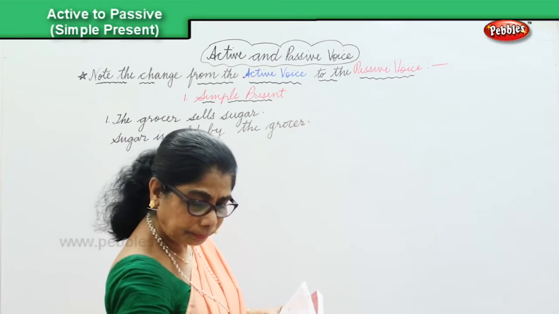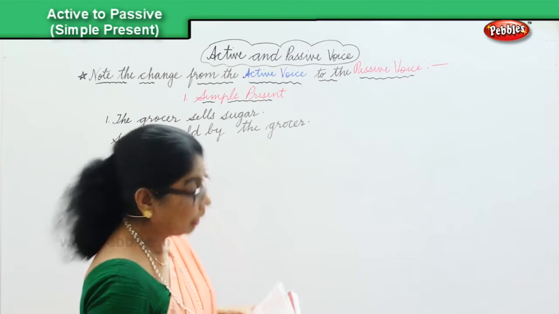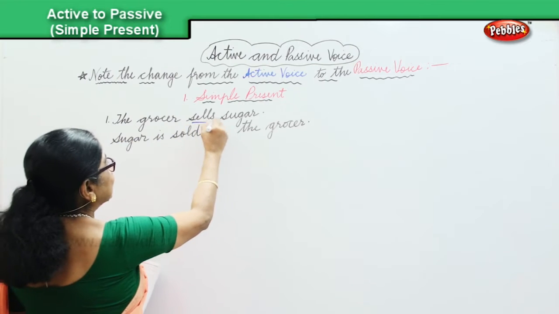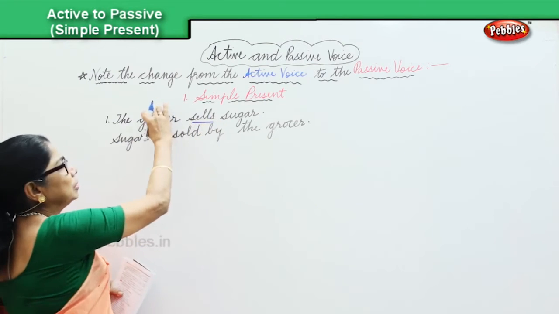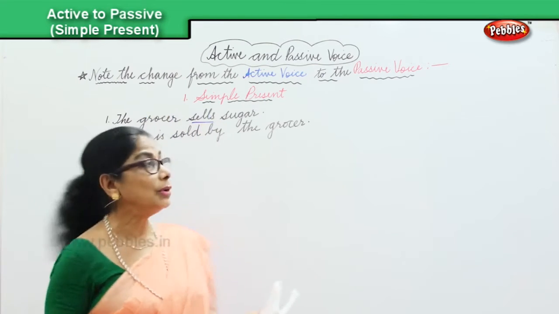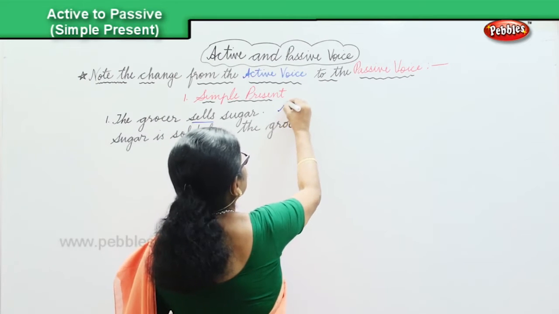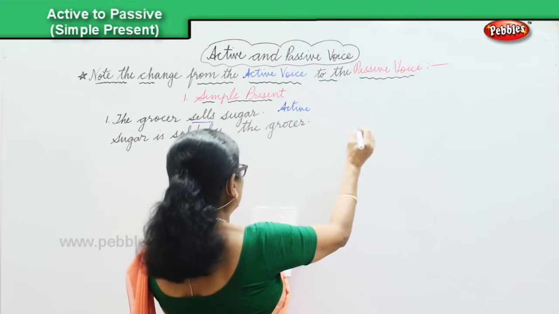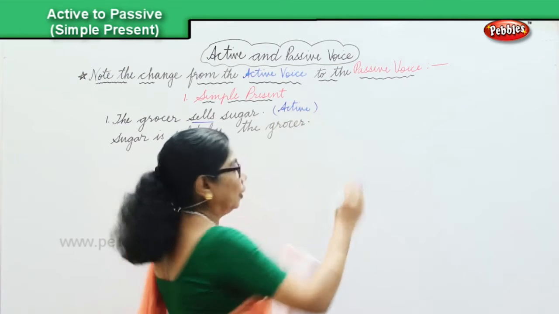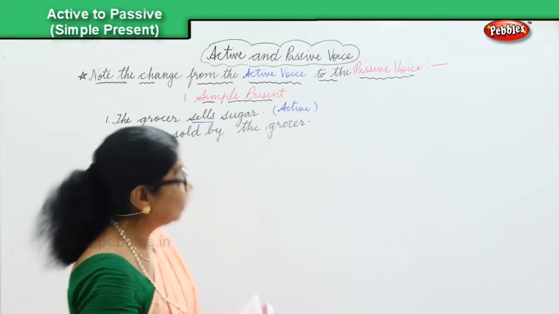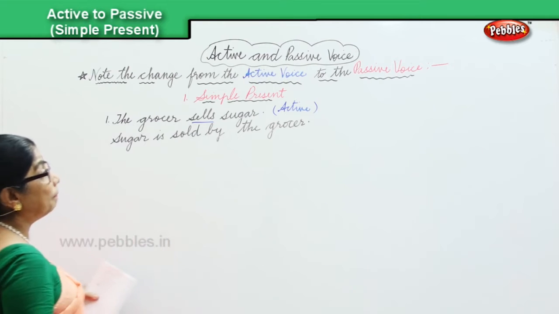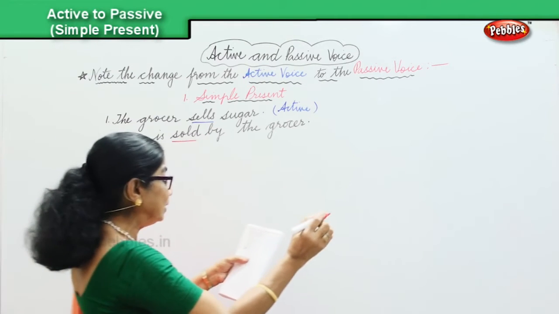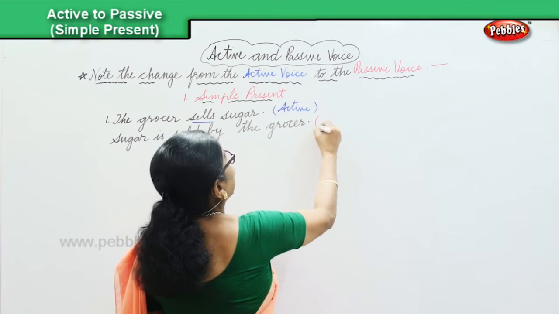Okay. Now, the grocer sells sugar, the verb very clearly sells. Active. This is the active voice. Now, look at the second sentence. Sugar is sold by the grocer. Sold by the grocer. It's passive.